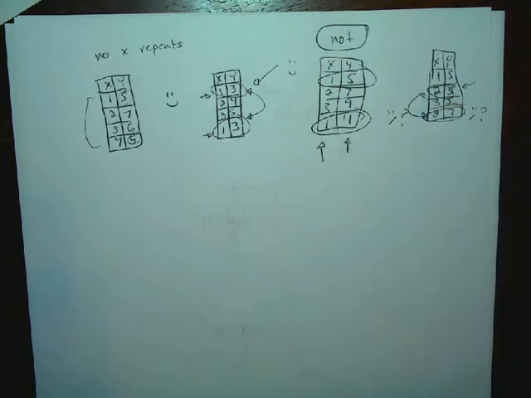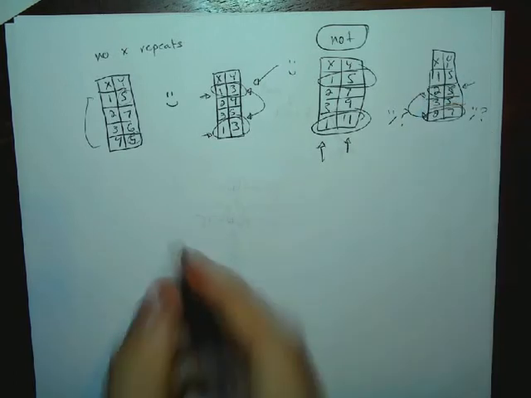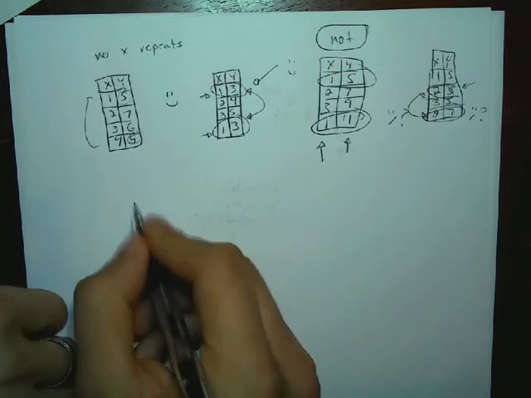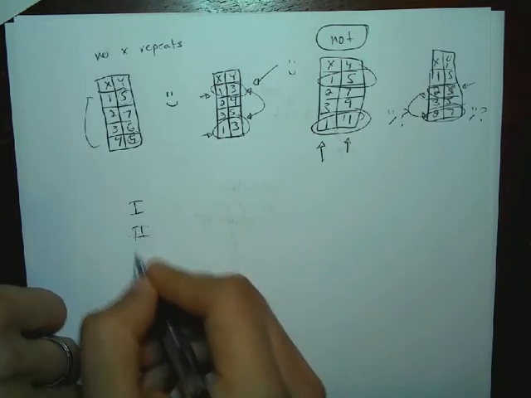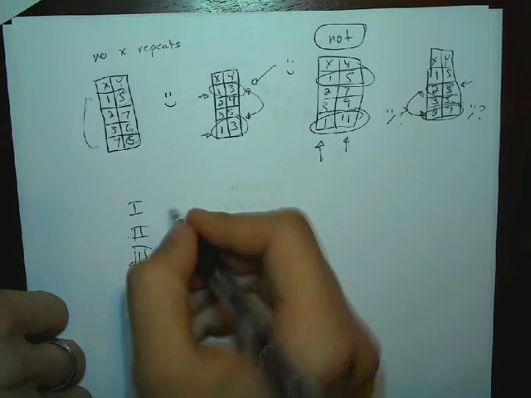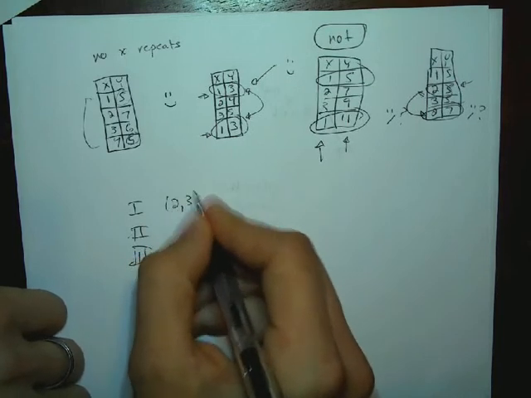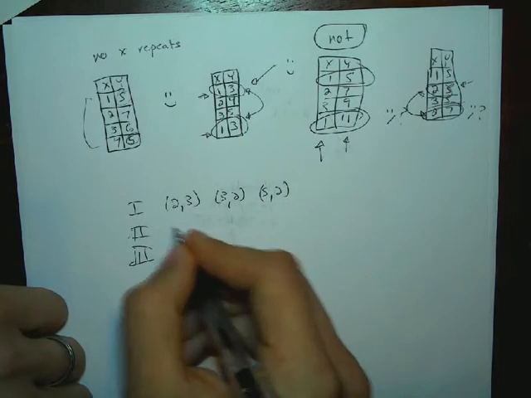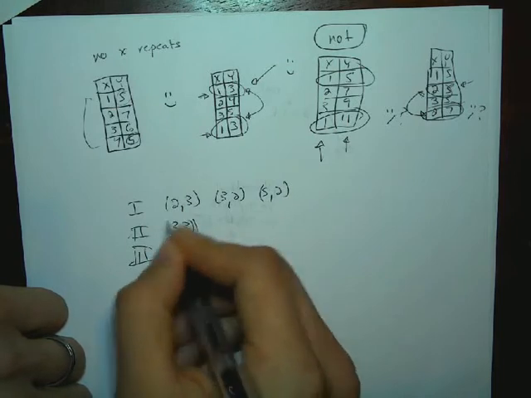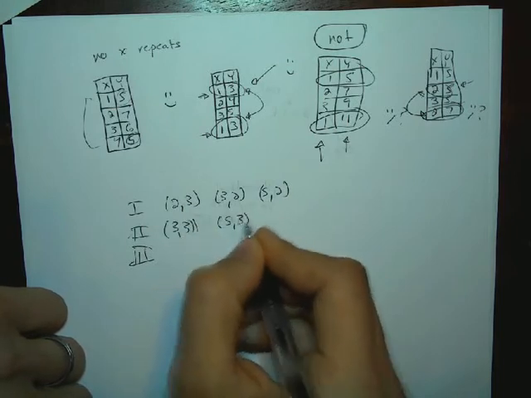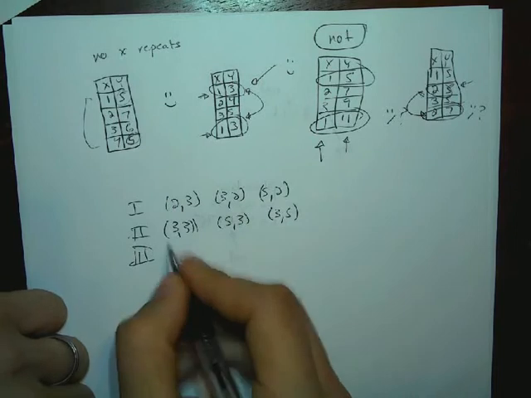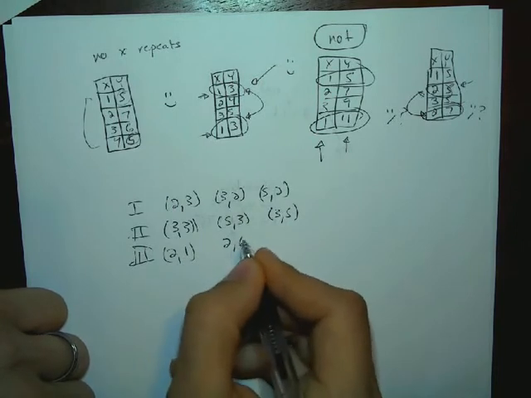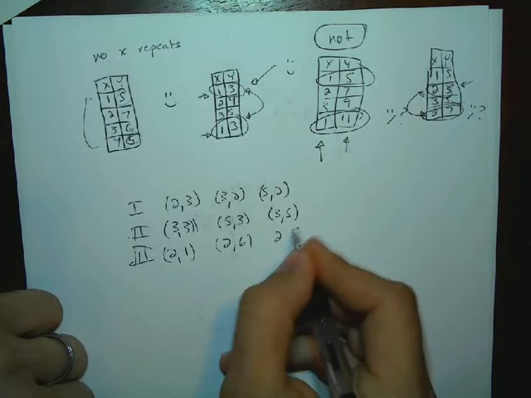Now, ways you're going to see it in the test, they're going to make lists. You might see them listed out. You might see function 1, function 2, equation 3, that kind of stuff, and you've got the points: 2, 3; 3, 2; 5, 2 on 1, and then 3, 3; 5, 3; and 3, 5 on 2, and 2, 1; 2, 6; and let's go 2, 8 on this last one.